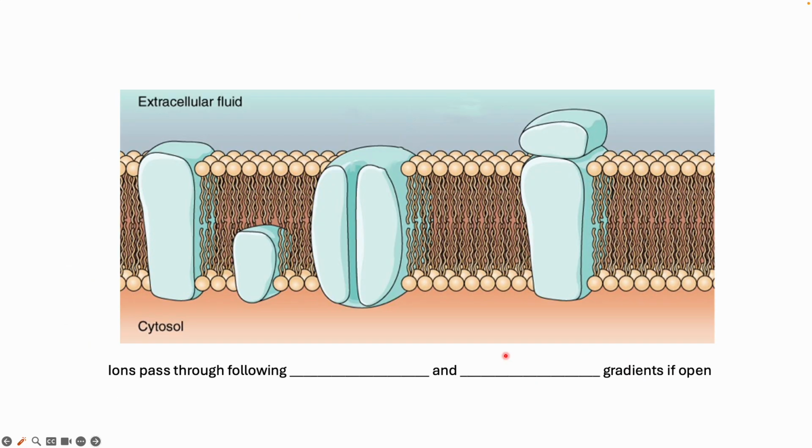In addition to the sodium potassium ATPase pump, there are going to be ion channels that control whether things are going through the membrane. The ion channels tend to be specific to the ion that it's letting through.